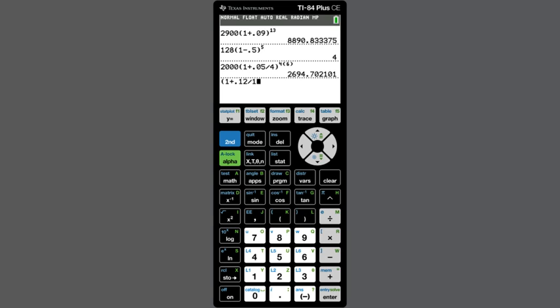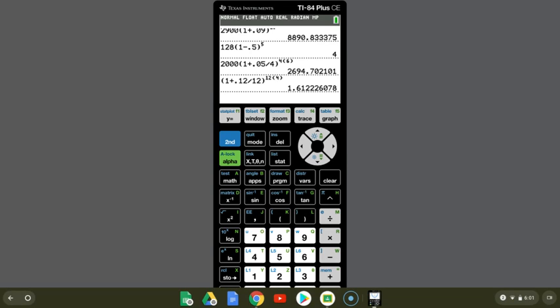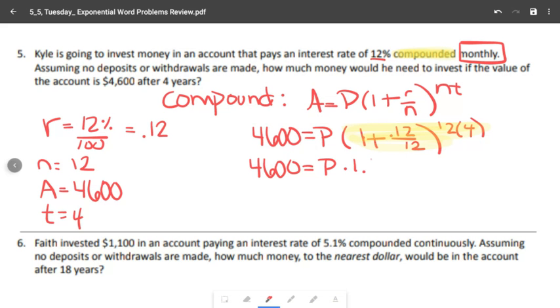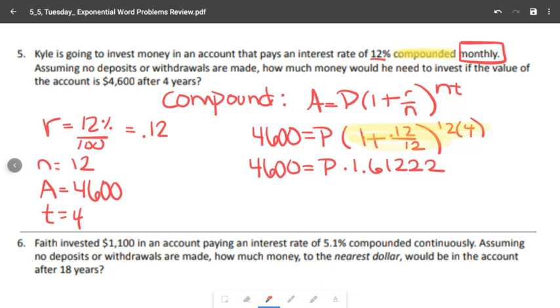So 1 plus 0.12 divided by 12 to the 12 times 4 power. Remember, these are the ones, as annoying as it is, where we're going to keep this entire decimal right now because it can throw off your answer. So 1.61222 6078.